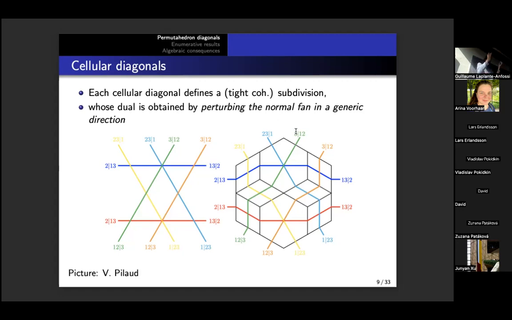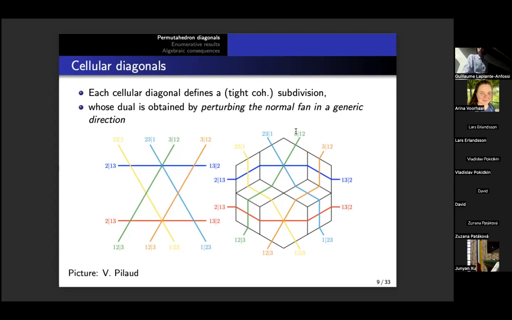And this is exactly dual to the subdivision that is induced by the projection. So you can see on the picture, on the left, you have the two copies of the normal fan. And on the right, you have the subdivision of the hexagon that arises from a cellular approximation, a cellular diagonal.